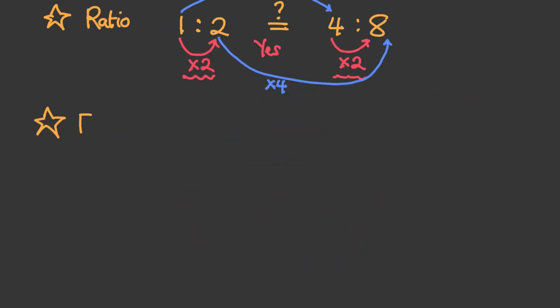Now, another setup is looking at the fraction format. Using the fraction format, let's say we have 4 over 5, and we want to see whether this is equal to the fraction, let's say 40 over 50.